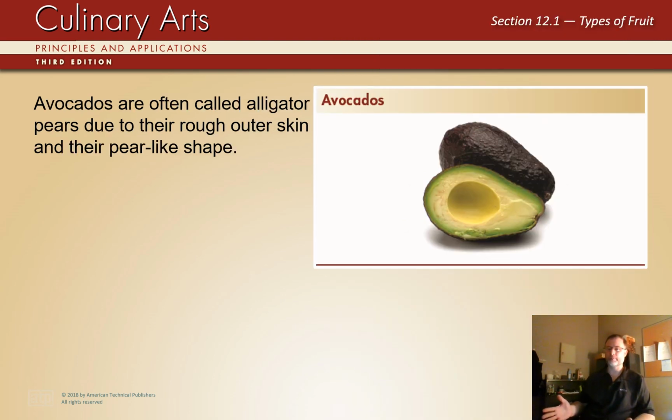Avocados are very familiar, especially in the Central and South American regions. They're grown in all kinds of places, but they have to be grown in semi-tropical or tropical locations.